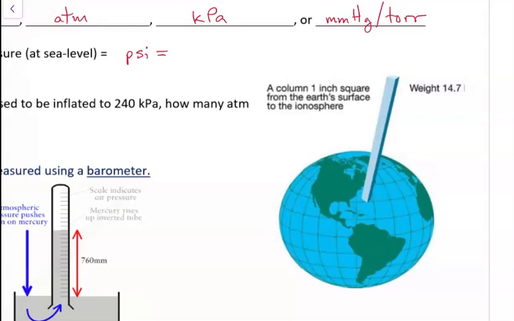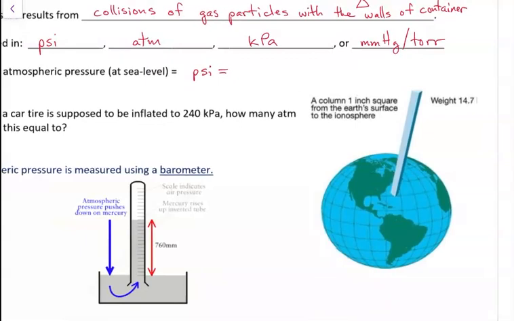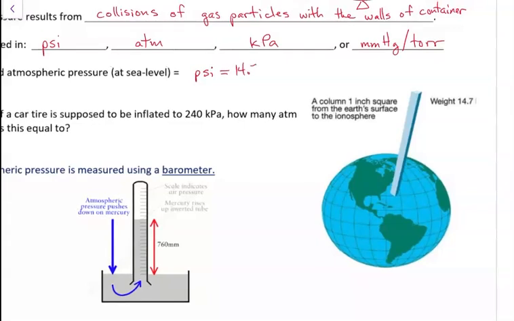It's going to go something like 60 or 70 miles into the atmosphere, but it's only 1 inch by 1 inch. So for every square inch of a surface here on Earth, there are 14.7 pounds of force pushing down from atmospheric air. Standard sea level atmospheric pressure is 14.7 pounds per square inch.